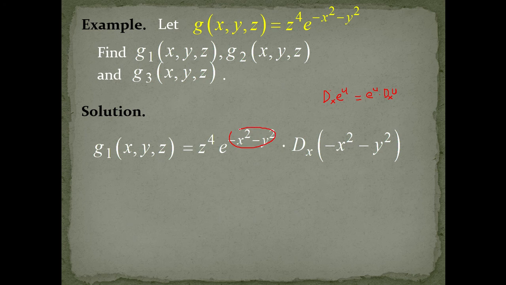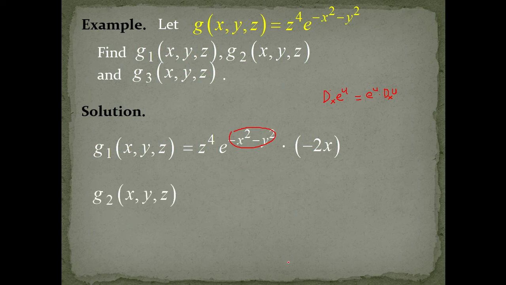So take the derivative of this with respect to x. Again, with respect to x, this one is held constant. So you just take the partial derivative of x squared, which is equal to 2x, right? So that's our answer. It is negative because this is negative here.